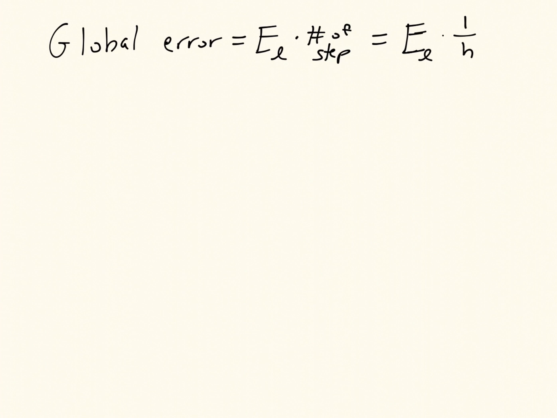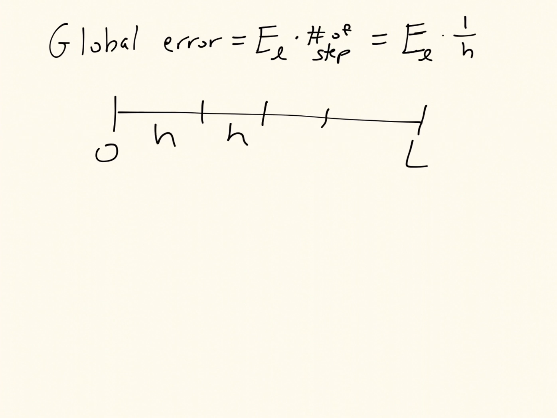And why is the number of steps proportional to 1 over h? Well, if we have a solution that we're solving for over a distance L, and we break that up into a number of pieces of step size h, as h decreases, the number of steps increases.